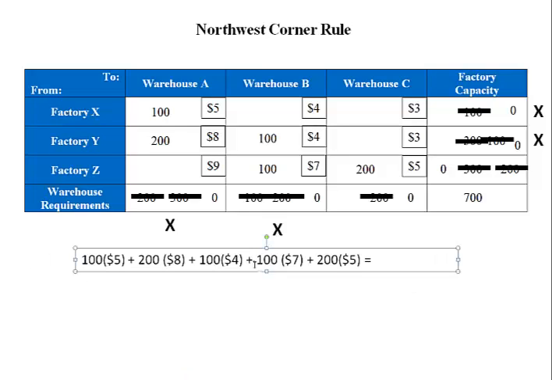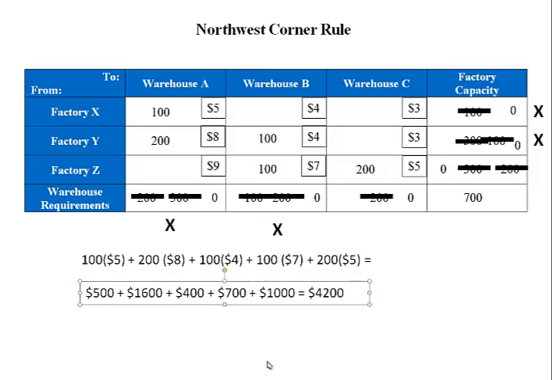My initial feasible solution is: I'm going to take 100 times 5 plus 200 times 8 plus 100 times 4 plus 100 times 7 plus 200 times 5. And when I do that, I'm going to get 500 plus 1600 plus 400 plus 700 plus 1000 equals $4,200.